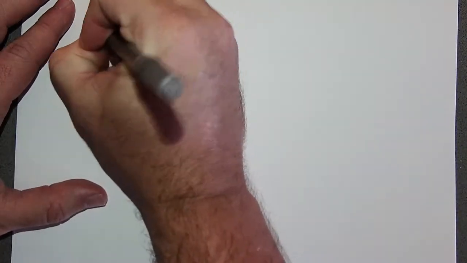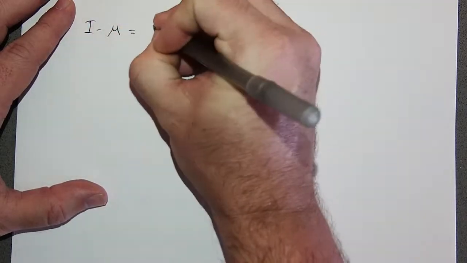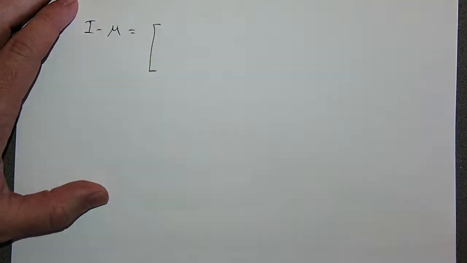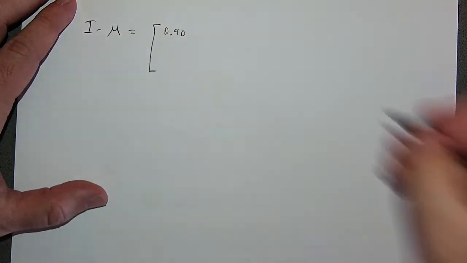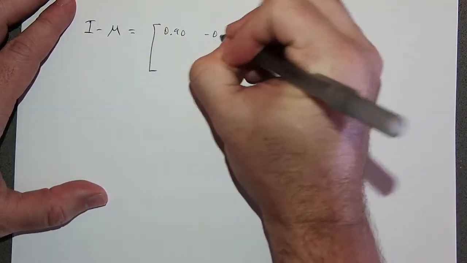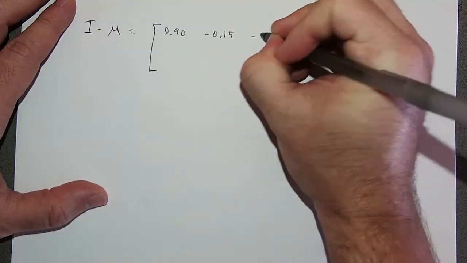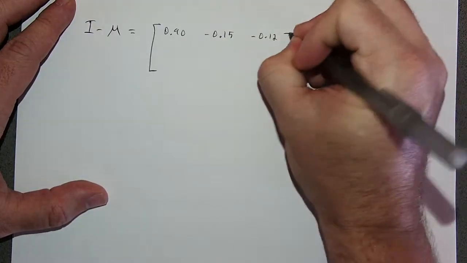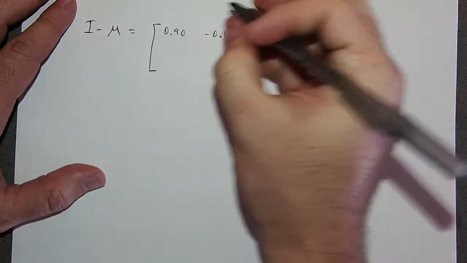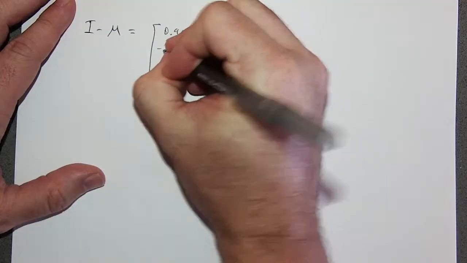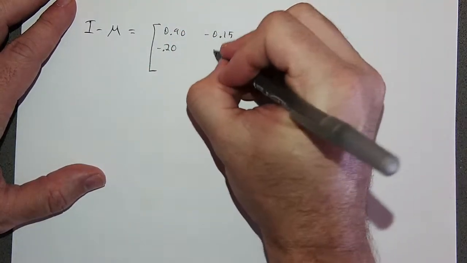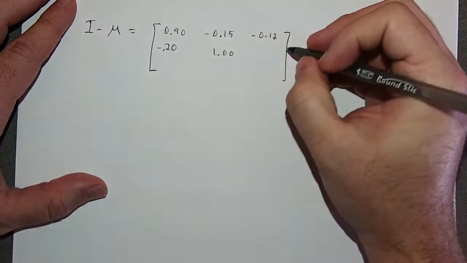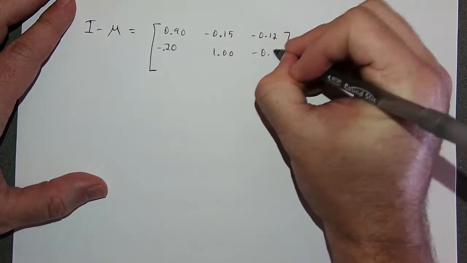So I minus M, as we've written before for this matrix, reading row-wise, is 0.90, minus 0.15, minus 0.12, minus 0.20, 1, minus 0.30.